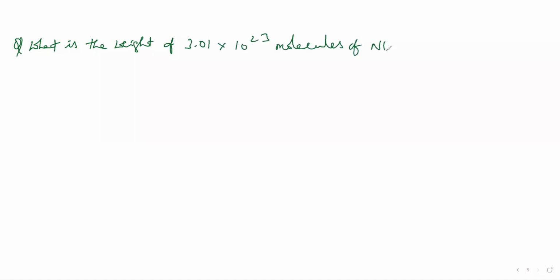What is the weight of 3.01 into 10 power 23 molecules of ammonia?